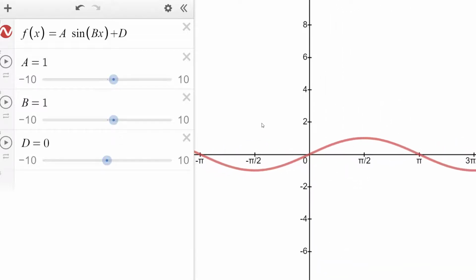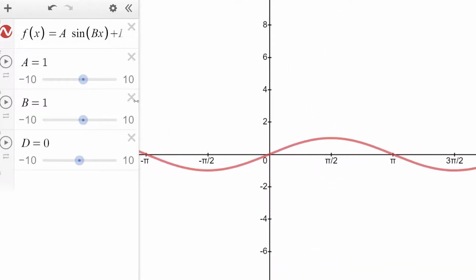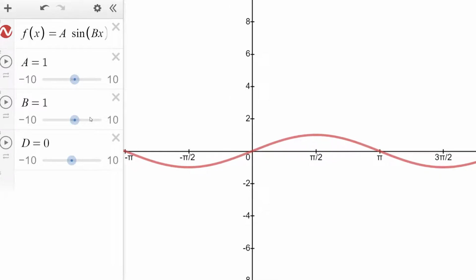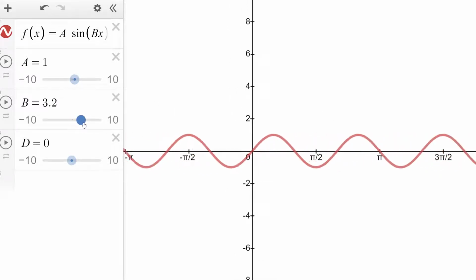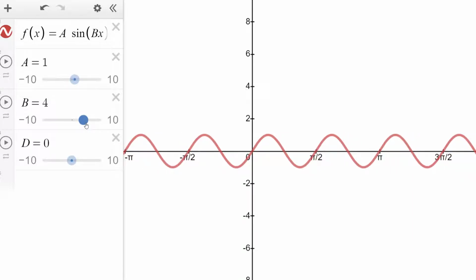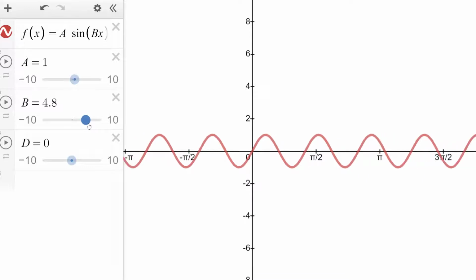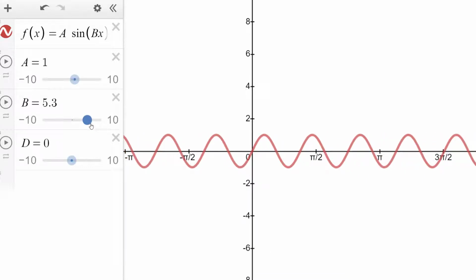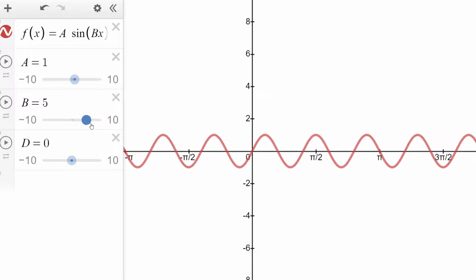Now, as we increase b, and let me shrink this down a little bit so we have a better view here, as you increase b, it changes the period. It increases the number of wiggles.